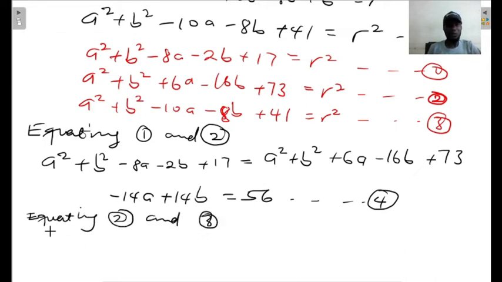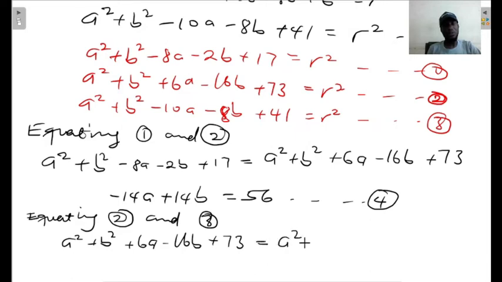Equating equation 2 and 3, it means that a squared plus b squared plus 6a minus 16b plus 73 should be equal to a squared plus b squared minus 10a minus 8b plus 41, since each of them is r squared.